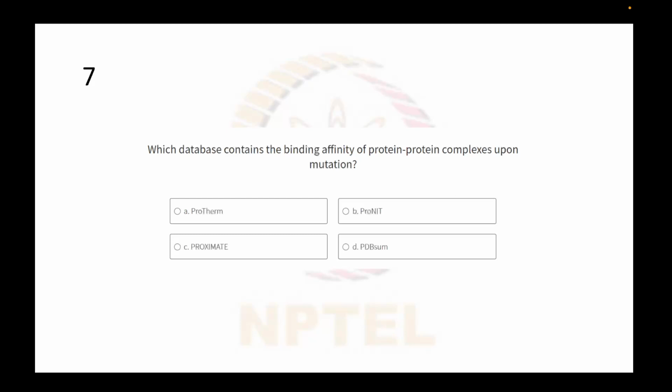Which database contains the binding affinity of protein-protein complexes upon mutations?